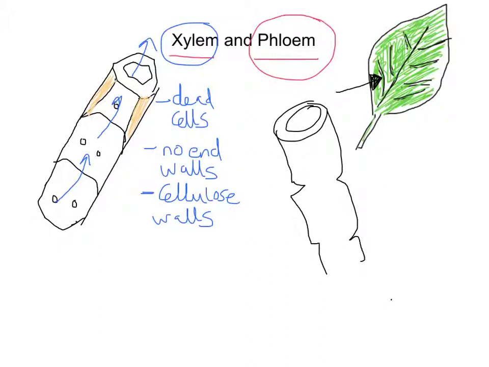I'm hoping that you might be able to see that straight away the inside looks a little bit different in a phloem compared to a xylem. And we're just going to put few little kind of dots here. So I'll just draw it and then I'll explain exactly what it is I'm drawing.